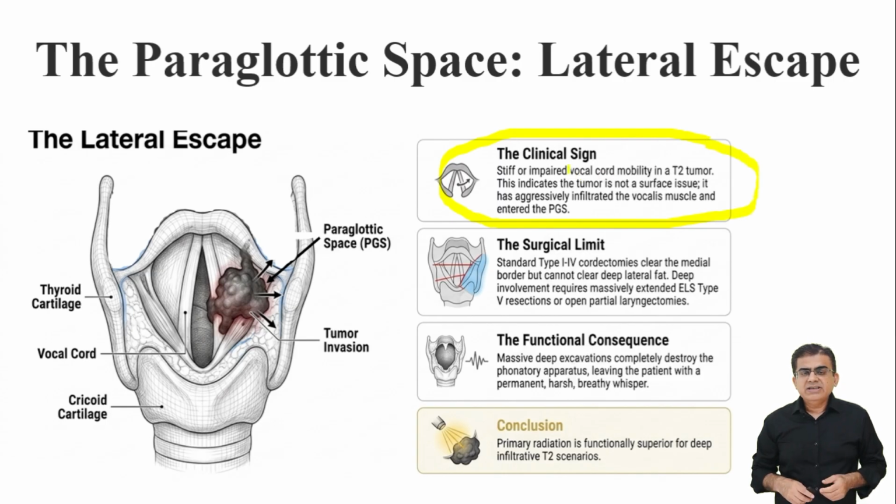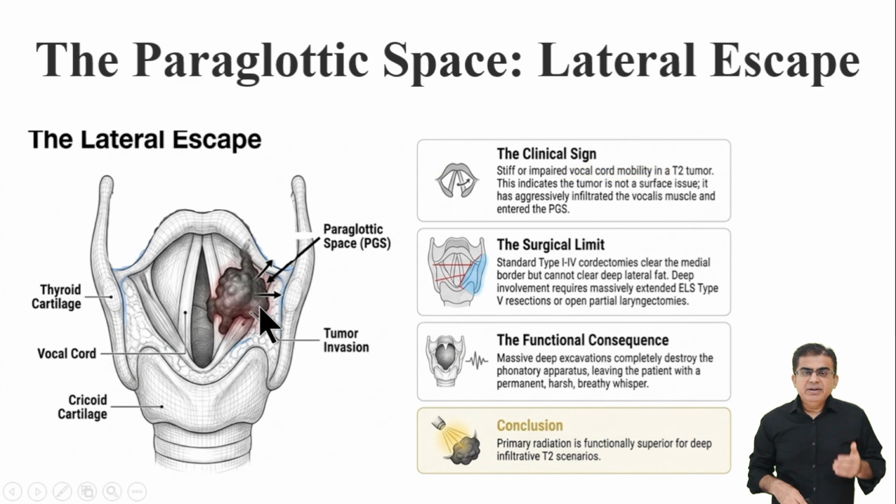If the vocal cord is stiff or has impaired mobility, it is a major warning sign. It means the cancer is no longer just a surface mucosal issue. It has aggressively infiltrated deep into the vocalis muscle and entered this lateral space.